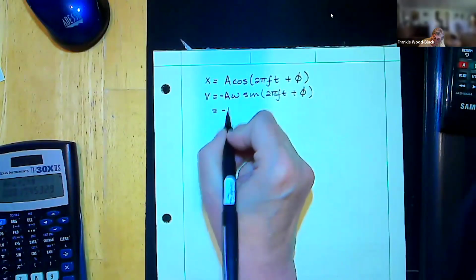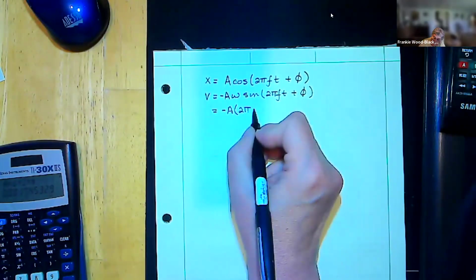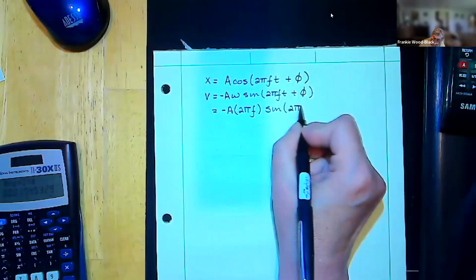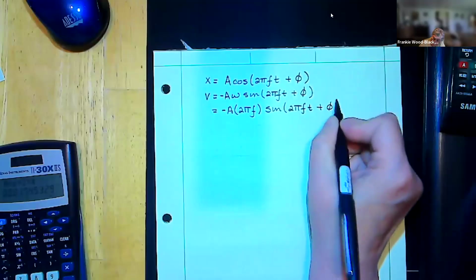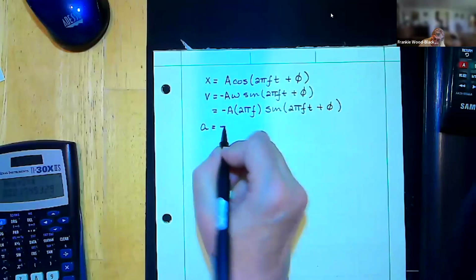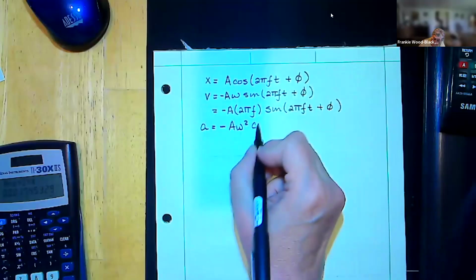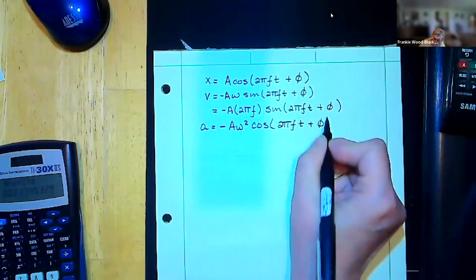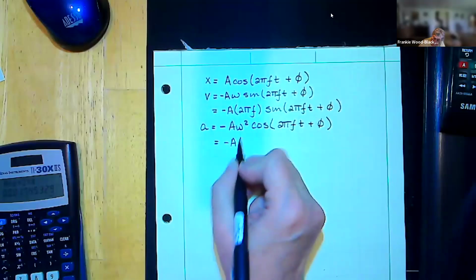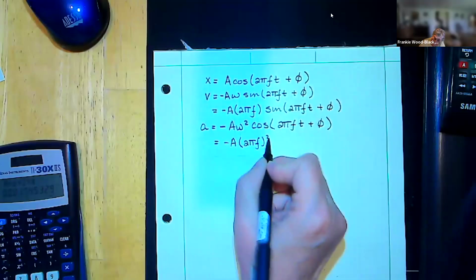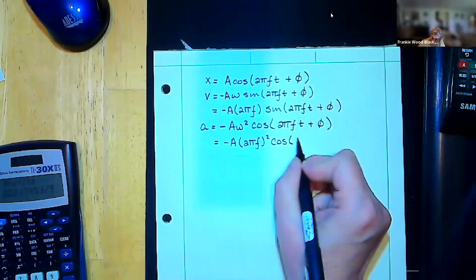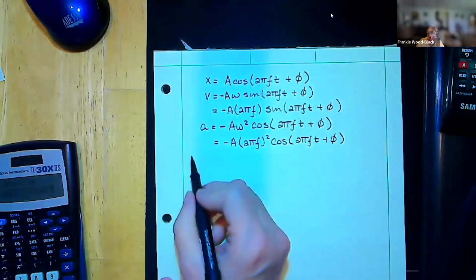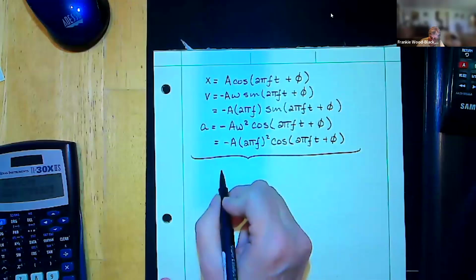And this is equal to minus A 2 pi my frequency, just so you see it written out. And then my acceleration, and again, just writing it all the way out. And so these are our equations of motion.